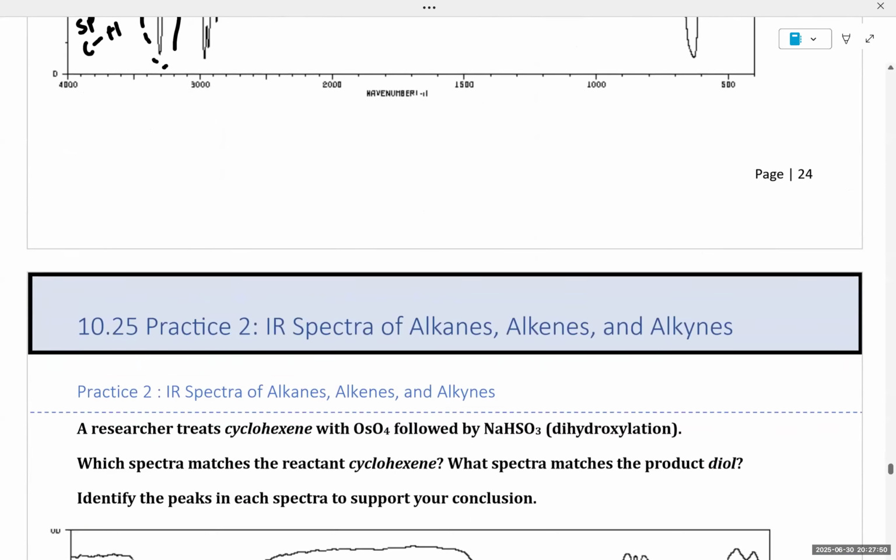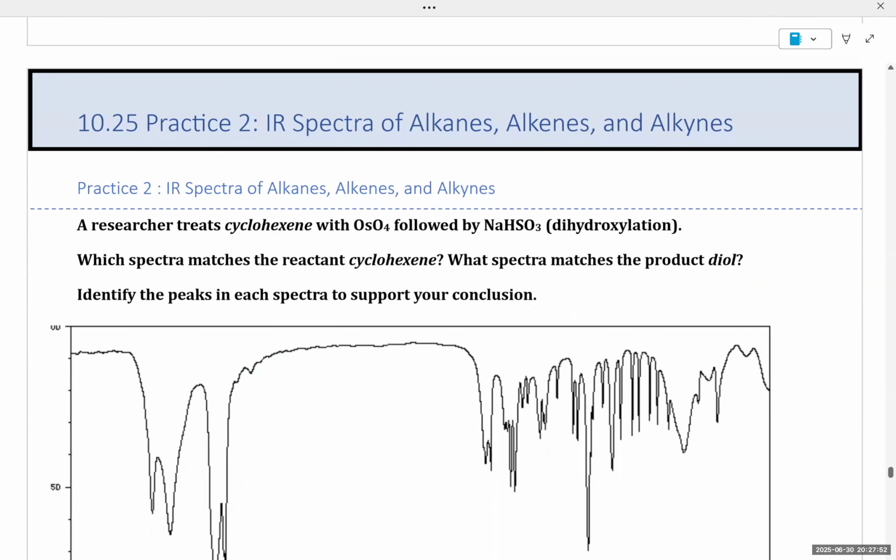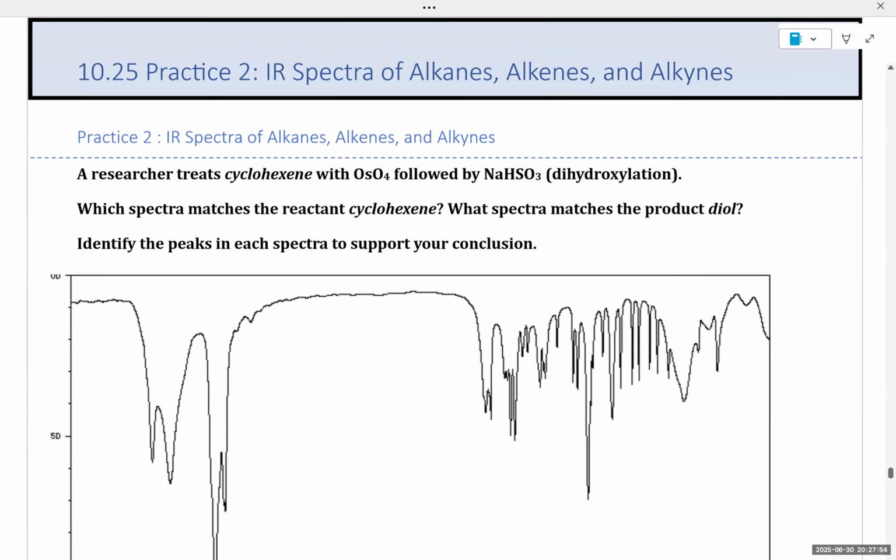Okay, let's keep going now, and let's do some additional practice. This time, we're looking at one pretty important application of infrared spectroscopy, which is to verify whether a reaction has gone to completion. So in this case, a researcher treats cyclohexene with osmium tetroxide, followed by sodium hydrogen sulfide.